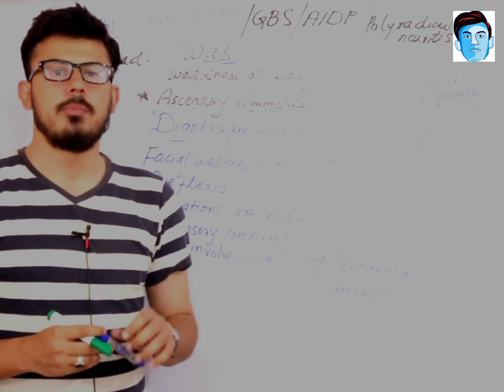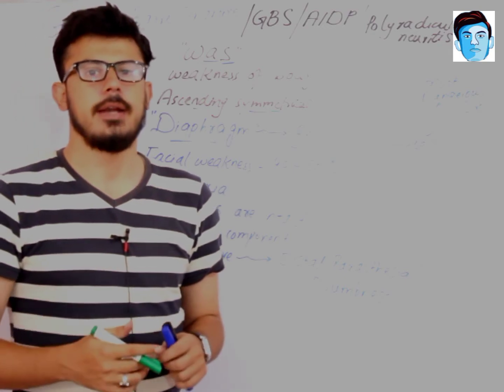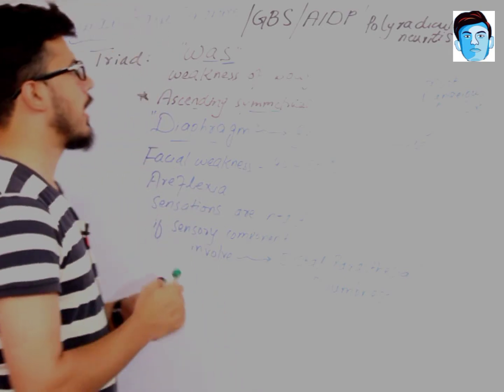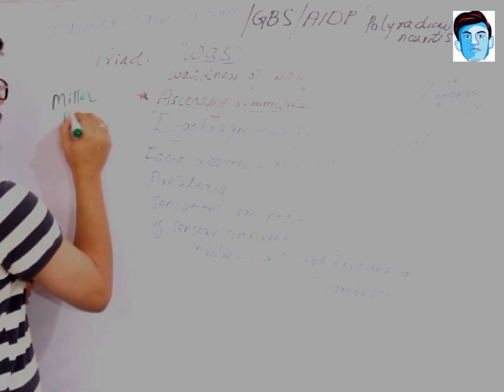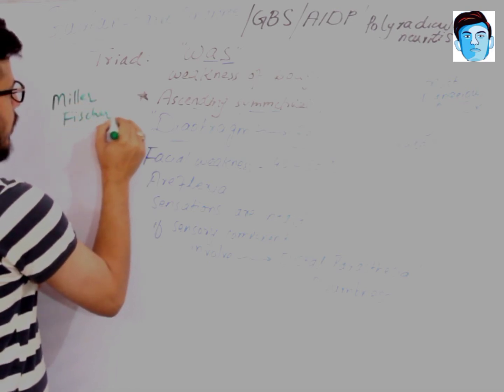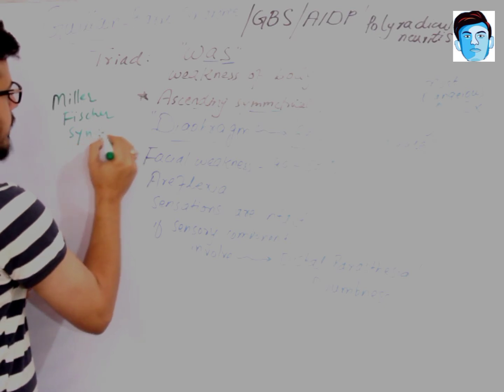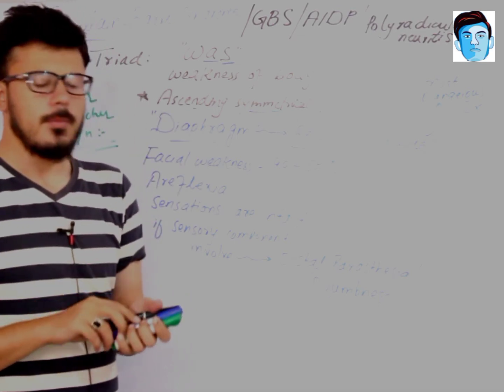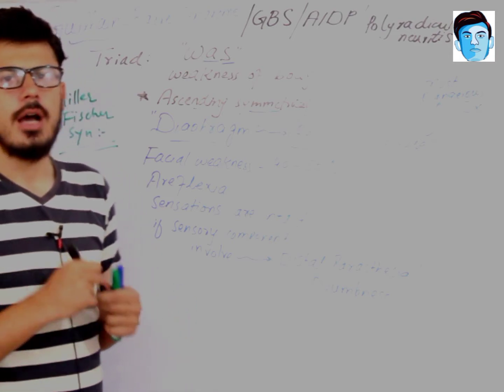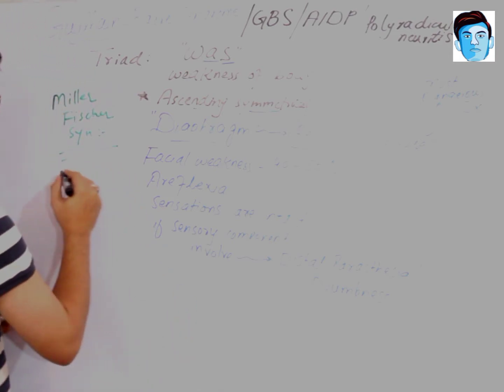Now, the most important variant of GBS is termed Miller-Fisher syndrome. Miller-Fisher syndrome is the most important variant of GBS, and usually there is ophthalmoplegia here.